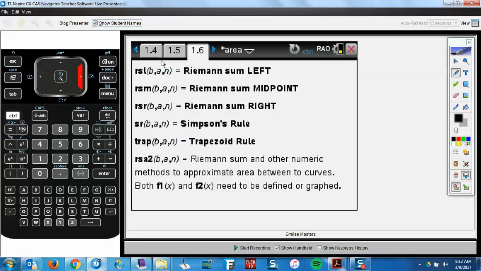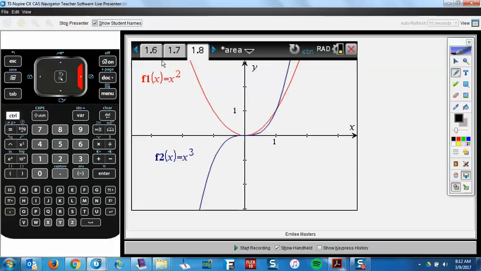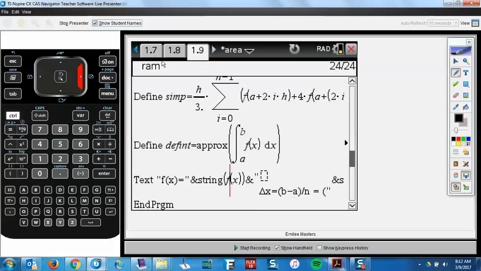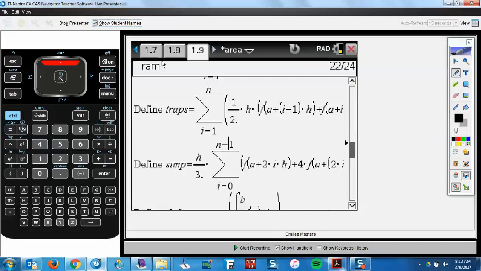Keep going to 1.9. And then arrow down. I don't think so, because right here in Simpson's it goes 0 to n minus 1. So you'd have to double that if you put in 10 subintervals and we really wanted to do an S20.